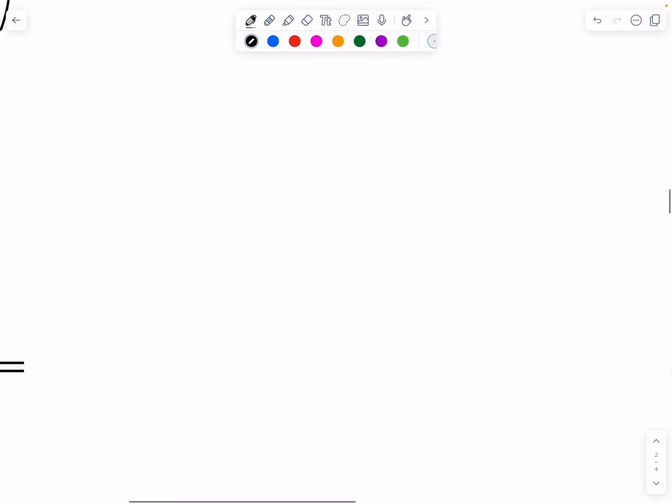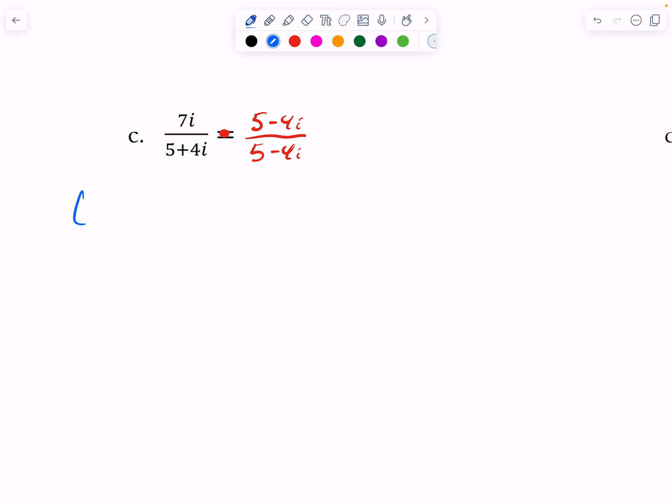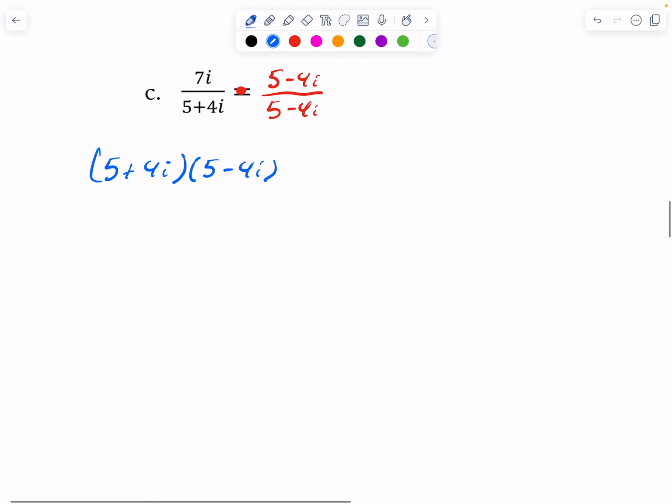Okay, I think there's 2 more left. Let's do C. I see 5 plus 4i, so I'm going to multiply times 5 minus 4i, top and bottom. Doing my denominator, which is 5 plus 4i times 5 minus 4i.